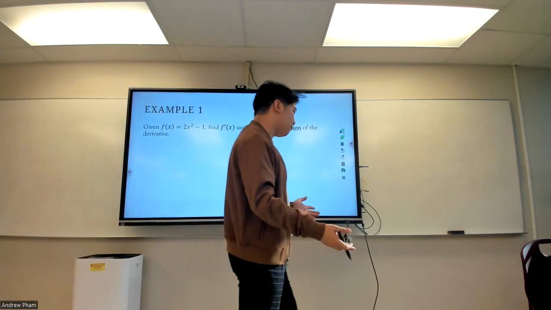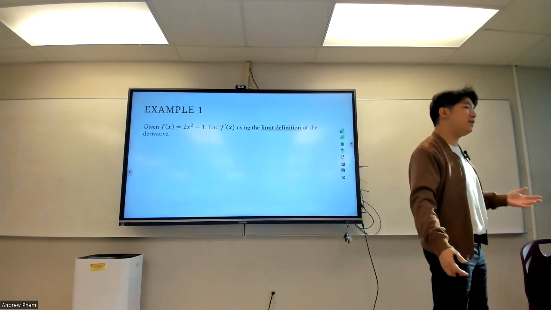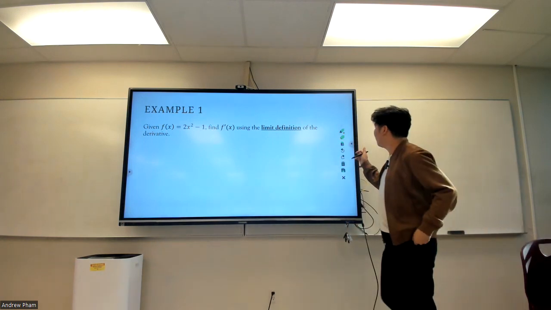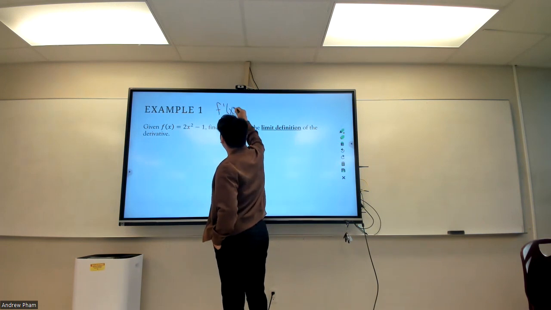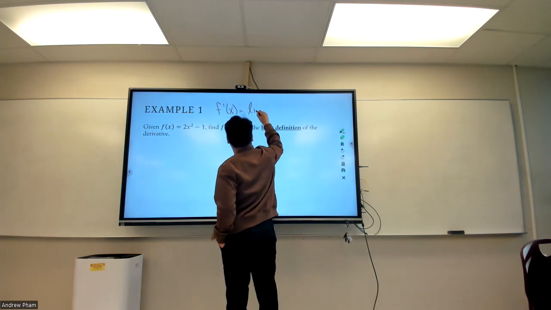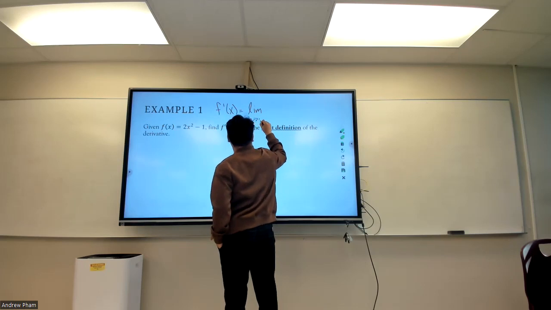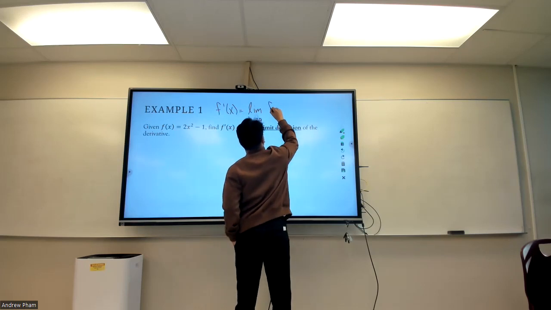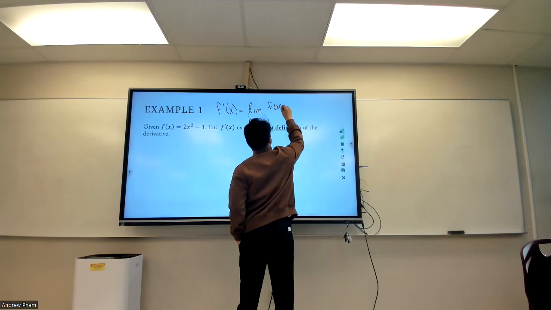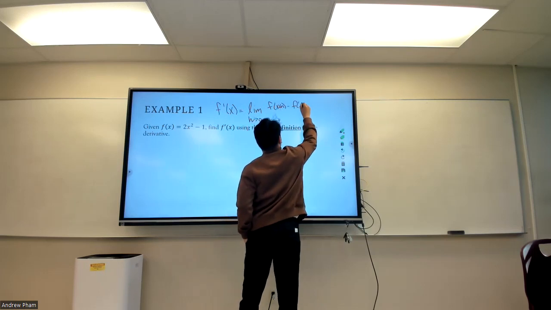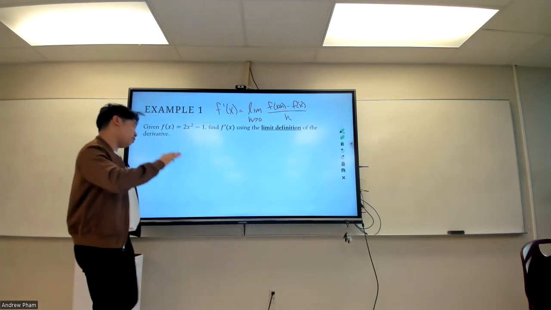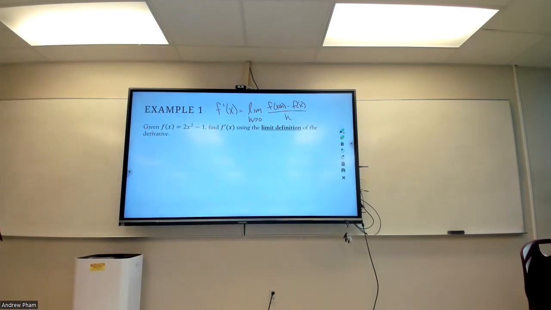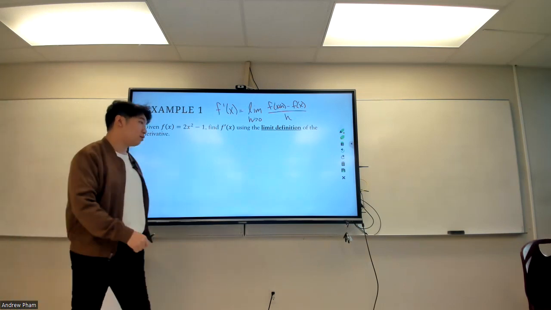And just so that we have it for reference, I'm going to write that limit definition again on the top: f of x plus h minus f of x, all over h. So that's just me copying what was on the previous slide, just so that we have it on the board.